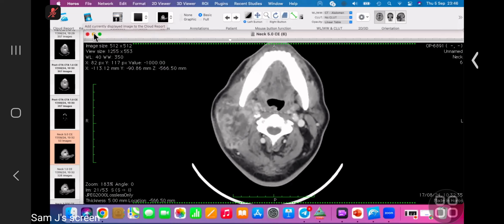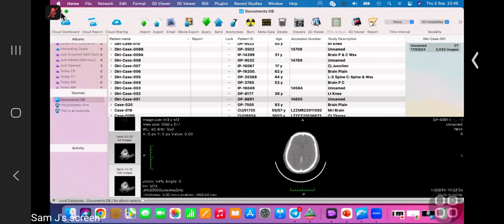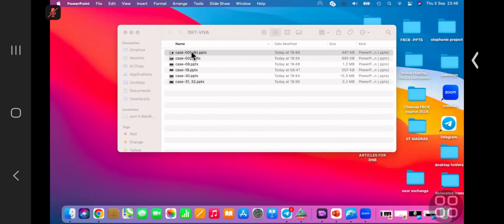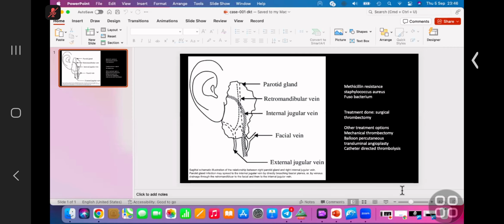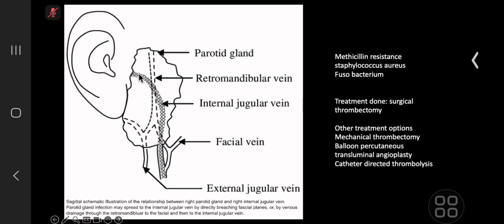So there is a small PowerPoint. I just want to show the relationship between the retromandibular vein and the internal jugular vein. There, that is the IJV. You can see it's coursing over the parotid gland; the retromandibular vein and the posterior auricular vein join to form the IJV.